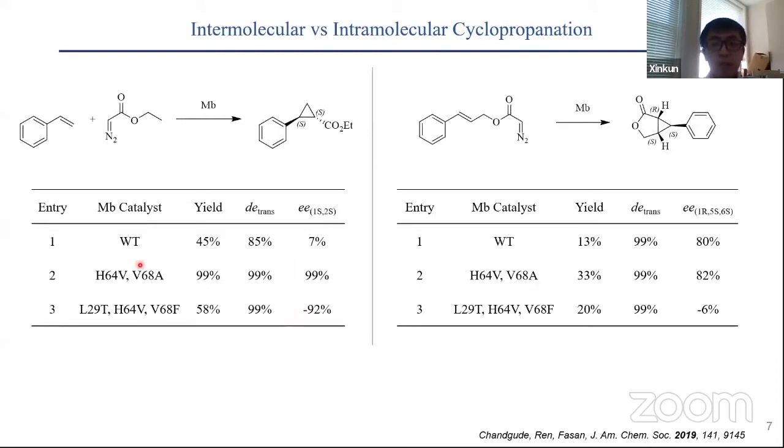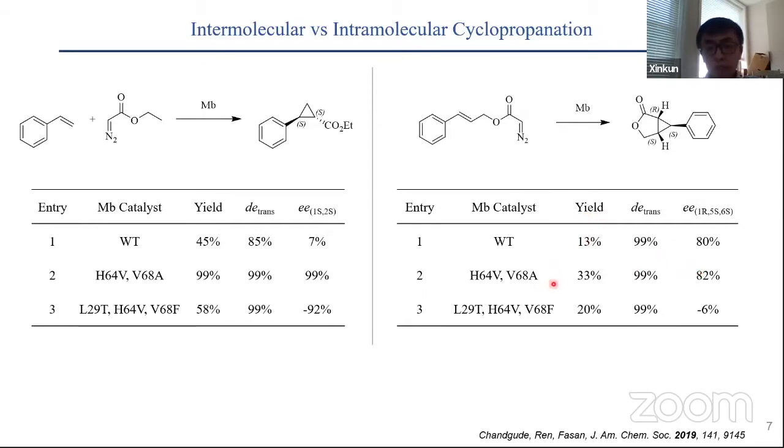We picked up wild-type myoglobin and two optimal variants for intermolecular cyclopropanation reactions, which showed perfect diastereoselectivity and high levels of complementary enantioselectivity. Then we tested these three catalysts towards the cyclization of our model compound, trans-cinnamyl 2-diazoacetate, and found these catalysts were not as active and selective anymore.